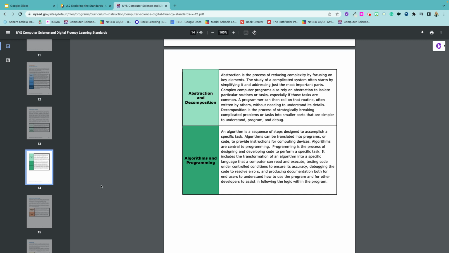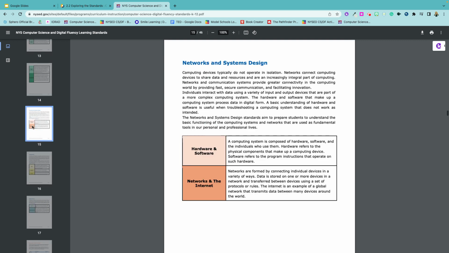The next concept area then is networks and systems design. This is where we're thinking about how we share data and resources and how our hardware and software are put together and how they're used within technology. So we're thinking about troubleshooting.